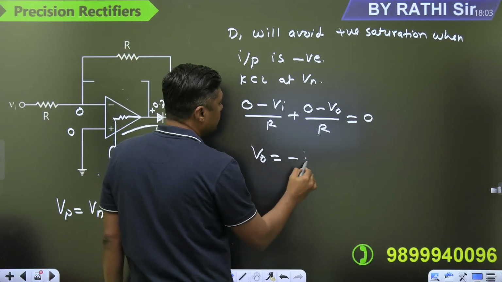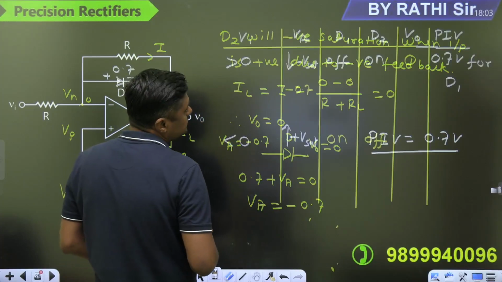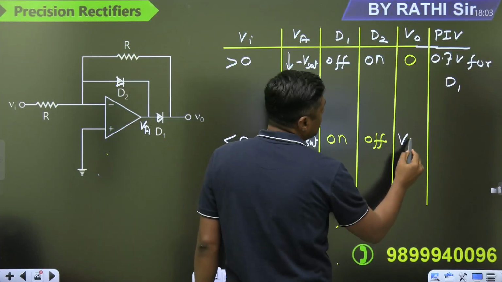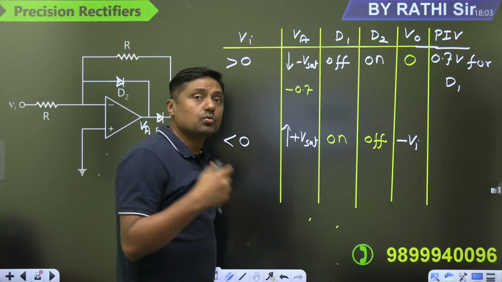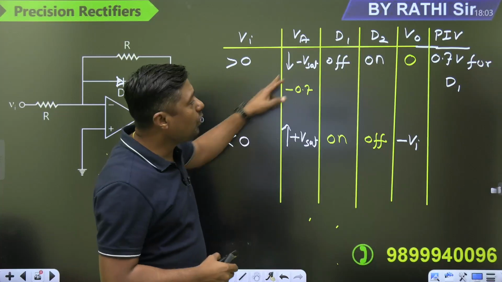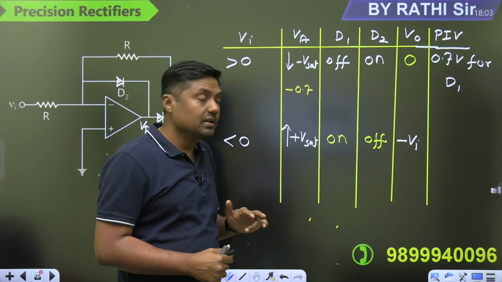Minus Vi. The output is not Vi, it is minus Vi. So for the positive half we are getting 0, for the negative half we are getting minus Vi.